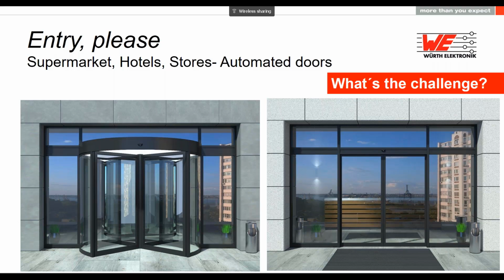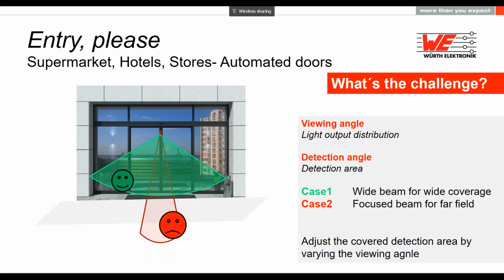And also here we face different challenges. How am I going to construct my detection, what are the areas that I'm going to detect. For example, we can see that the viewing angle or the light output distribution is a very important part here.